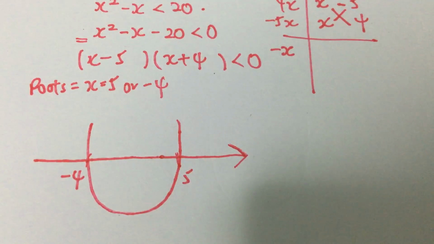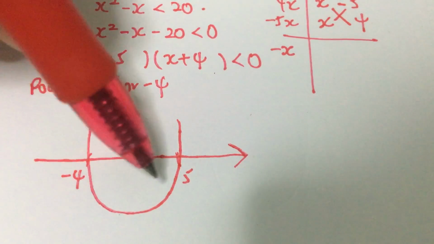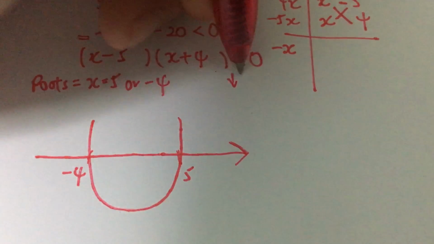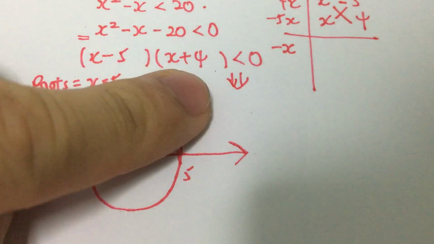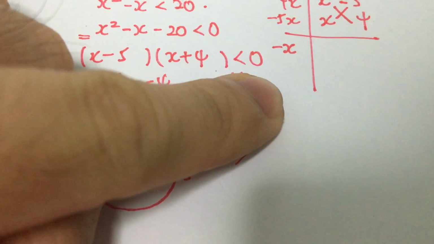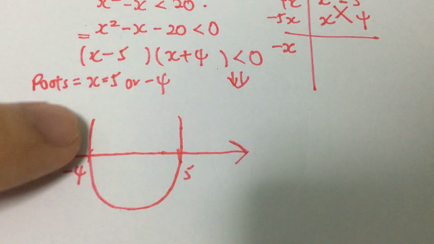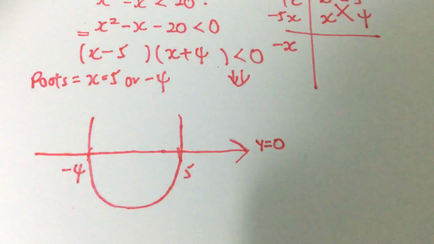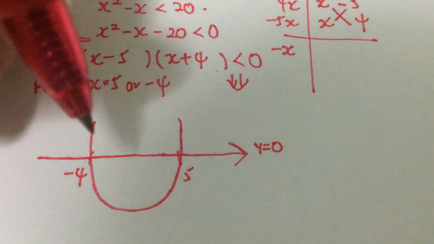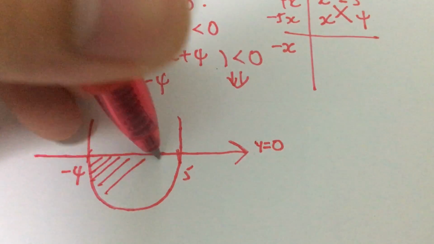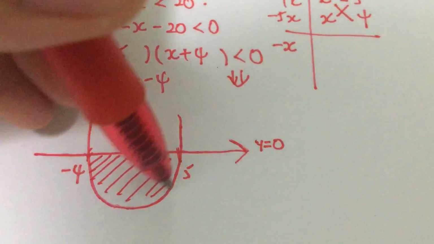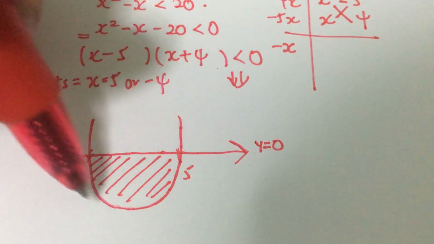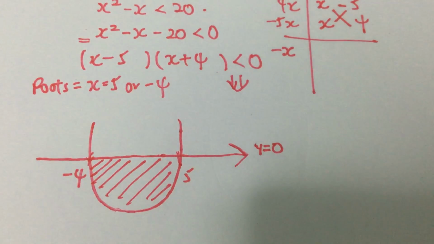And last but not least, determine the portion of the curve that satisfies the inequality. The inequality tells us to find the portion of the curve that is below y equals 0. The portion of the quadratic curve below y equals 0 is this portion, because between negative 4 and 5 the quadratic curve is below the x-axis.